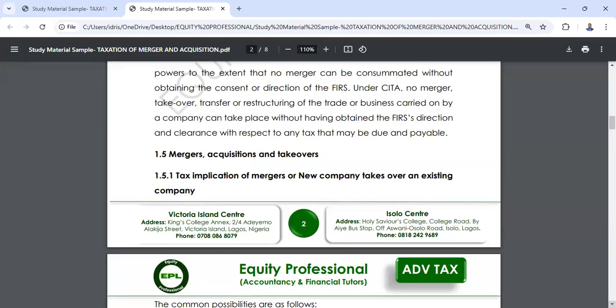So another way they can ask is, what is the tax implication of a new company taking over two existing companies, because AB Limited is taking over A. It will take over the asset of A. It will also take over the asset of B.